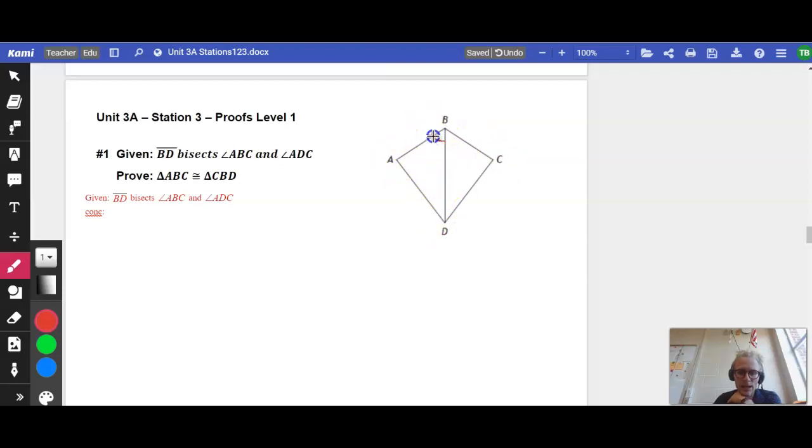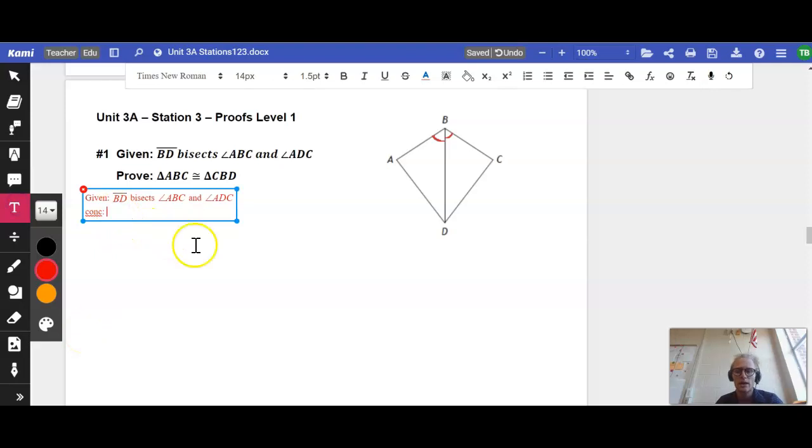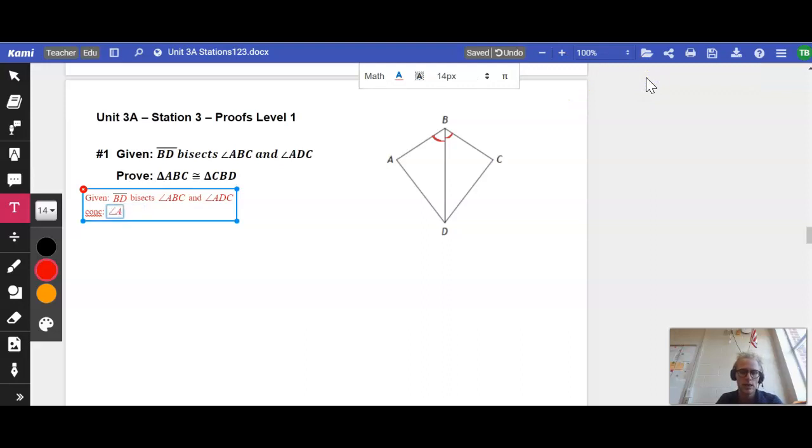So we get ABD and CBD. So those are my two angles. So back in here, I can get in that those two angles are congruent. ABD is congruent to angle CBD.